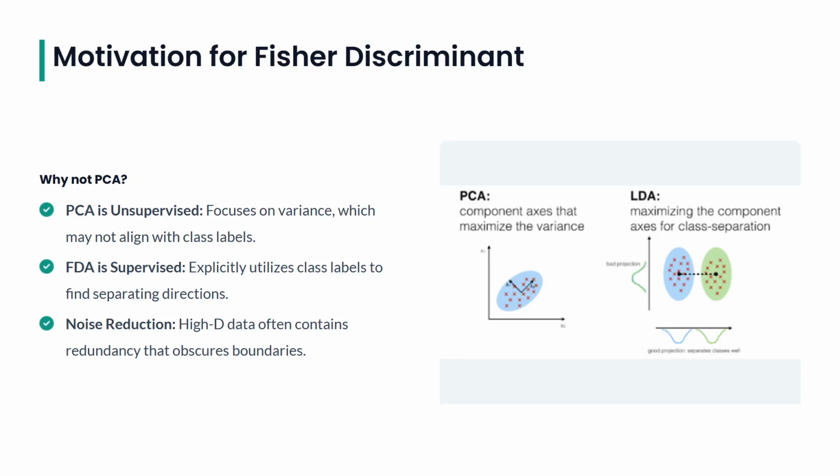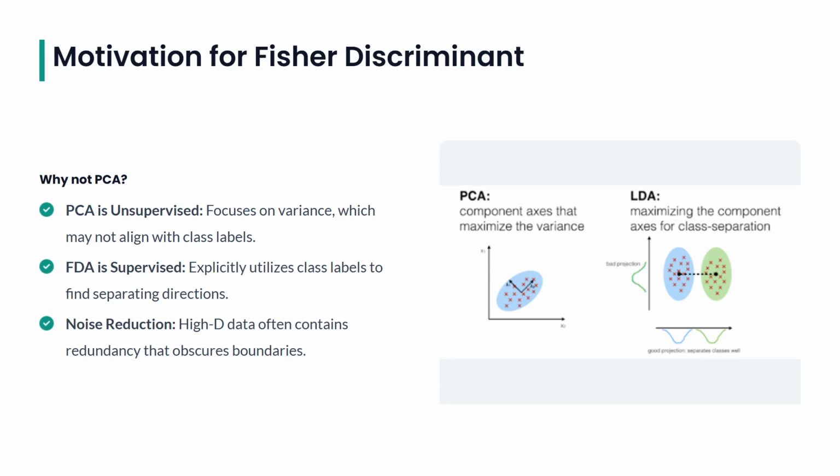Now, noise reduction. High dimension data often contains redundancy that obscures boundaries. In high dimension data, there is so much overlap, but when you reduce its dimension, it can happen that there is a complete separation between the data.